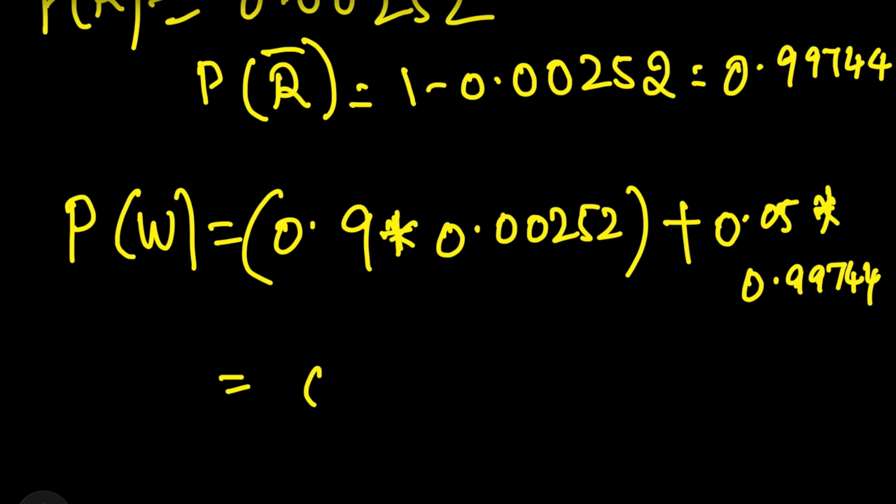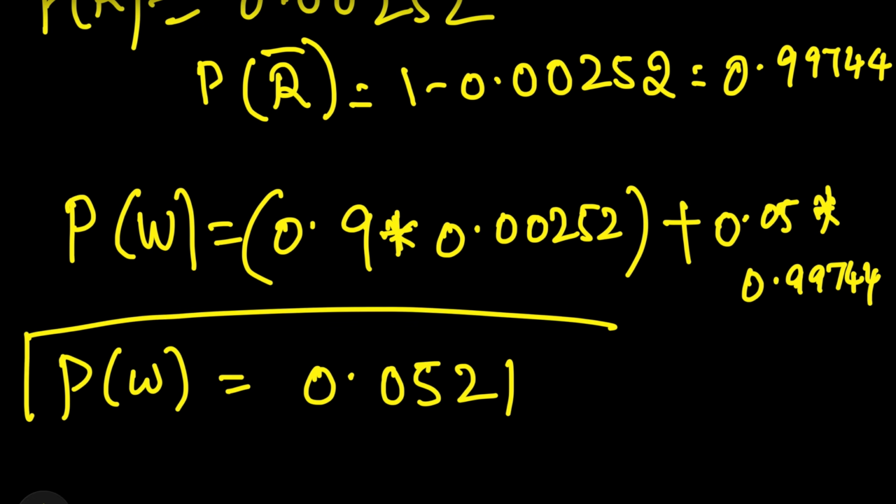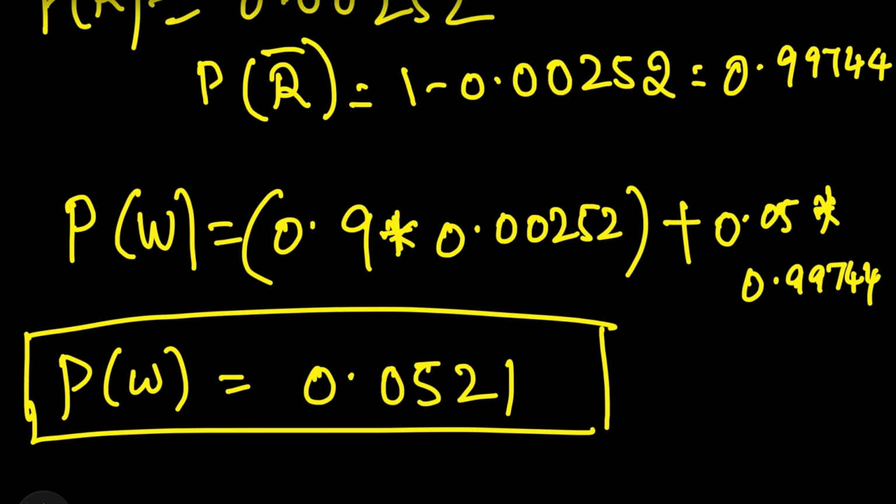After calculating this, we will get 0.0521. So probability of wet is nothing but 0.0521.